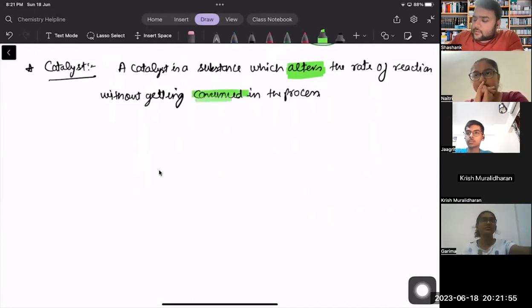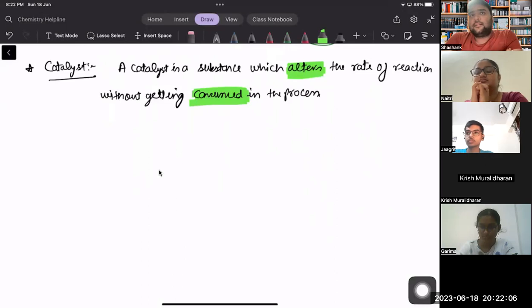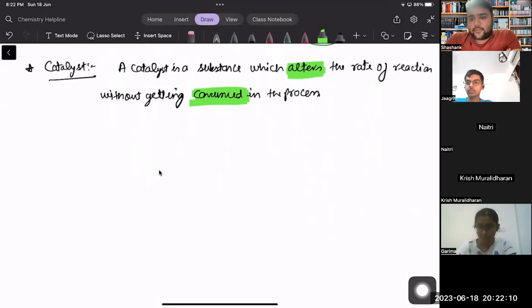Second word is consumed. Does this mean that catalyst takes part in the reaction? Yes, it does. But does that mean that catalyst is consumed? No. A very easy example is, let's say you are making a pancake on a tawa, right? So is tawa used in making the pancake?